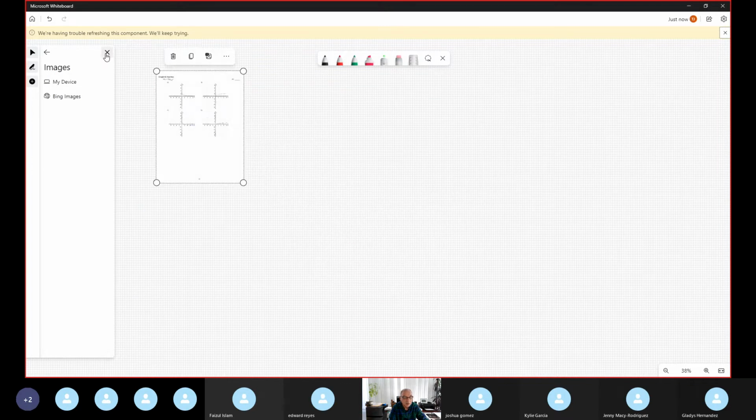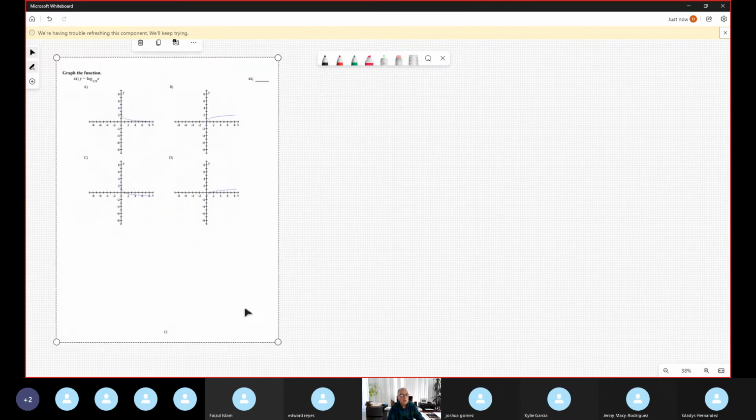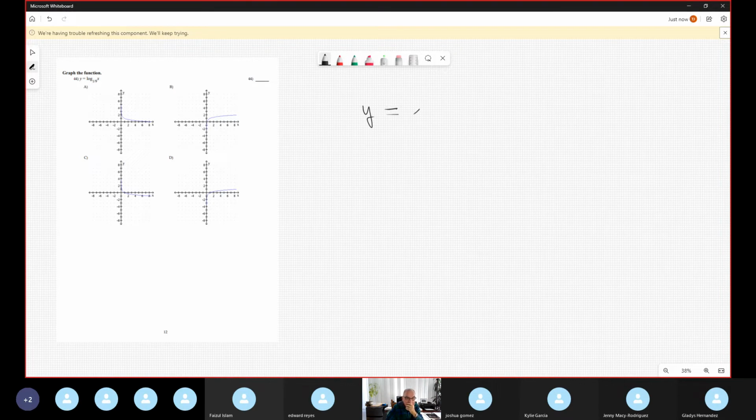Okay, you need to be familiar with the graph of the exponential and logarithmic, and immediately detect, okay, this is the graph of the logarithmic, but the base is 1 over 9.